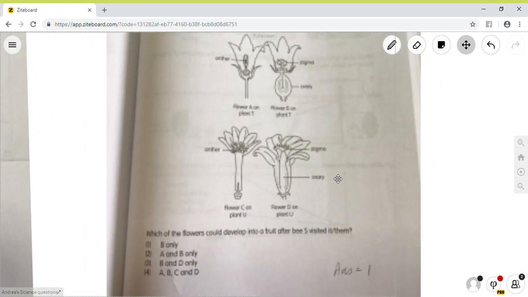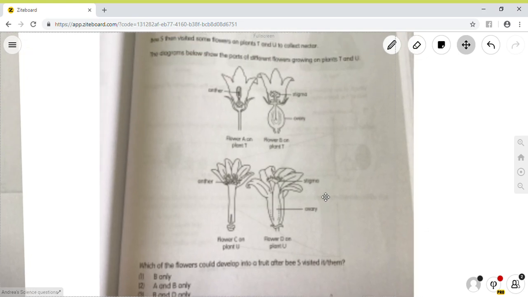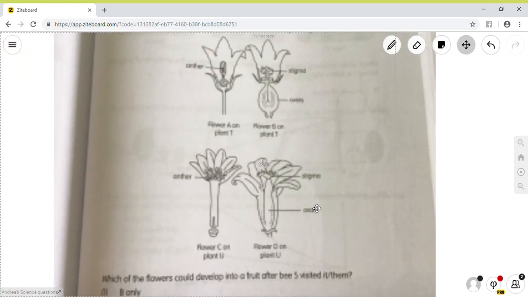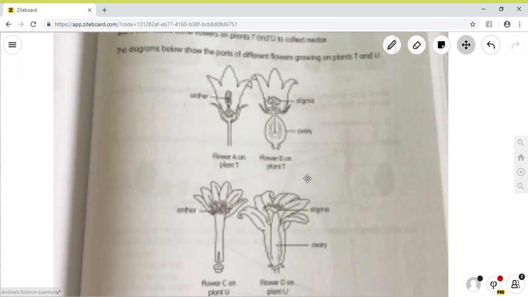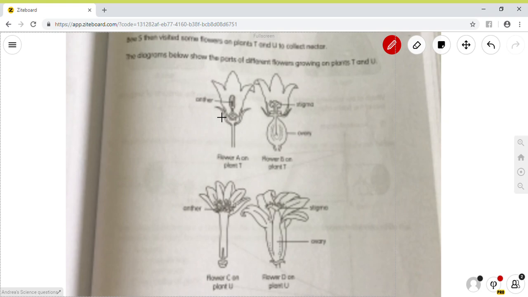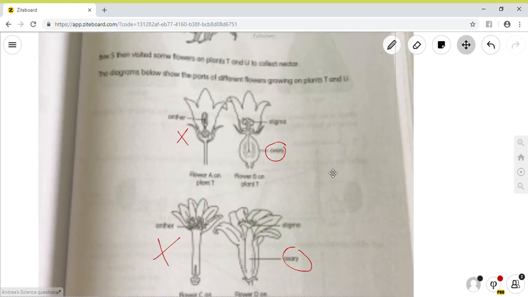So develop the fruit. Flower D on plant U. Okay, so we know this one confirm cannot, right? This one also confirm cannot. Yeah, A and C because no ovary. We want to have ovary, right, before it can become a fruit.